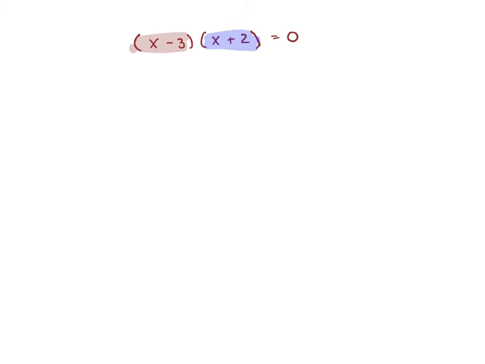And so I can write two separate equations. Either x minus 3 equals 0, or x plus 2 equals 0. One of these has to be 0 if the product, the multiplication of the two, comes out to 0.